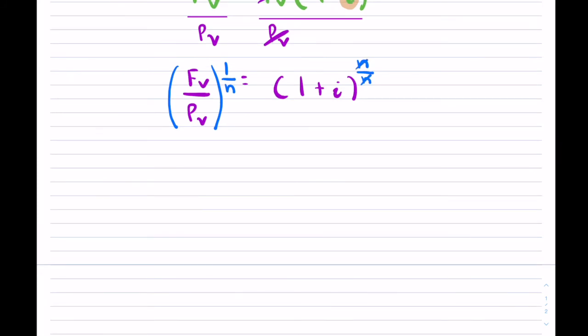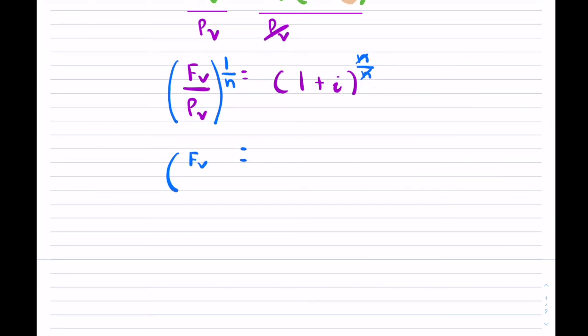Now, n divided by n is just 1. So what I have done in this case is I have moved that n, that exponent, to the opposite side. And now it's 1 over n, and it's no longer n. On the right-hand side, all I have left now is 1 plus i, because we had canceled this off.